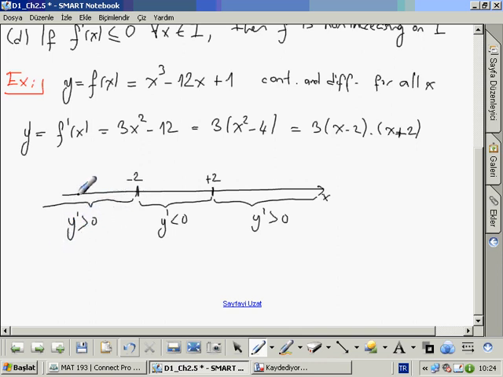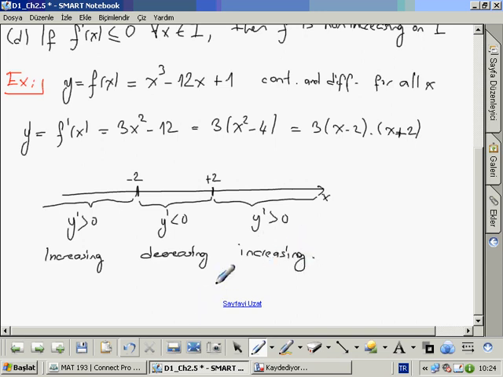So we can say increasing for this part, decreasing on the interval -2 to +2, and here increasing again.